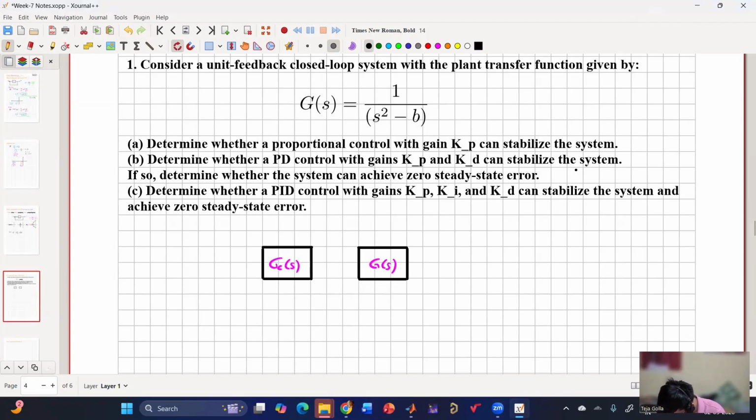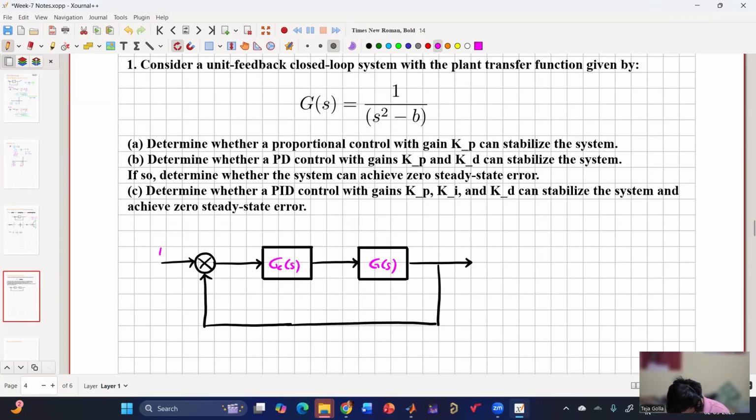So I have a closed loop system. So this is my R(s). This is my Y(s). So this G(s) is given here.